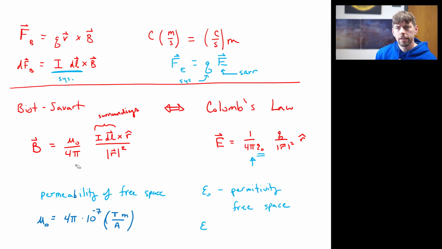Now, other things. You notice, again, we have a constant out front, just like when we were dealing with the electric field, just a different value for the constant. Second of all, let's focus right here. Just like with the electric fields, we have this r squared in the denominator, and that r is the relative position vector.